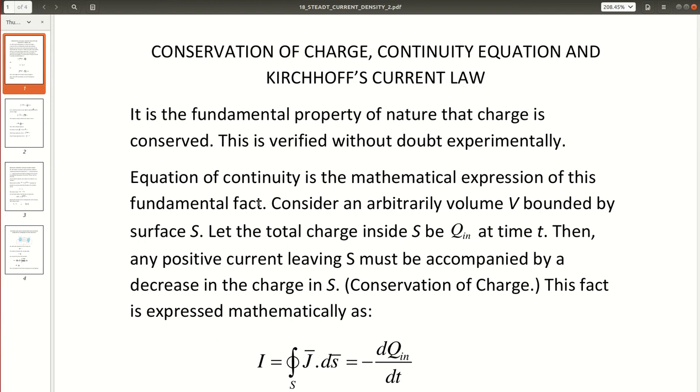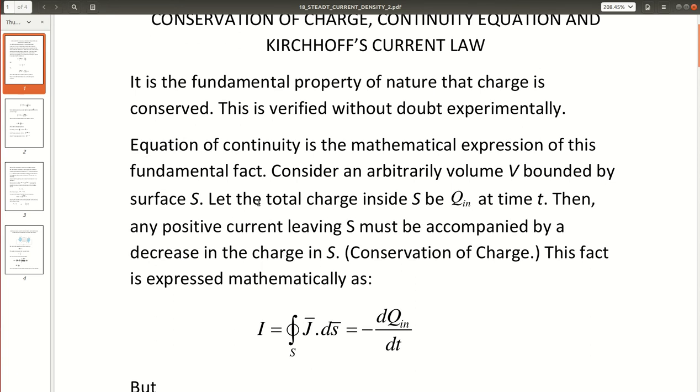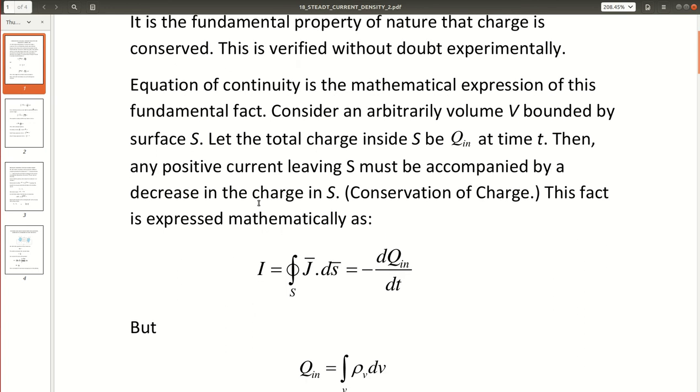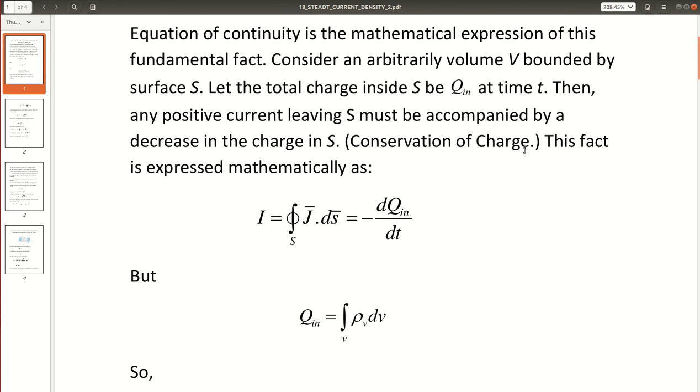The equation of continuity is a mathematical expression of a fundamental fact. Assume that we have a total charge inside S, equal to Q in at time t, and the current is equal to the integration of J dot S over this surface, which equals minus the change of the charge in time.